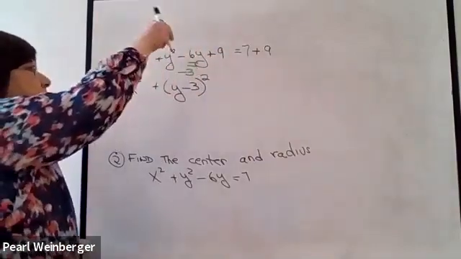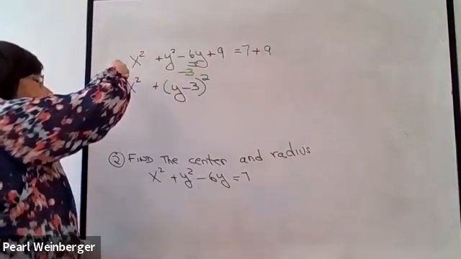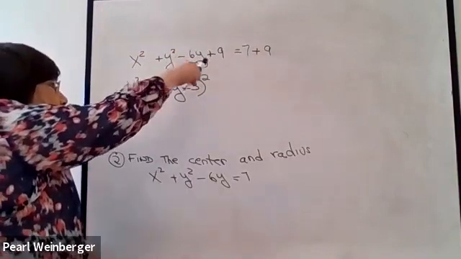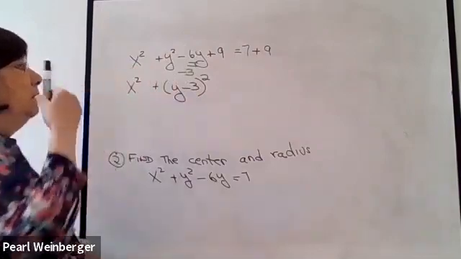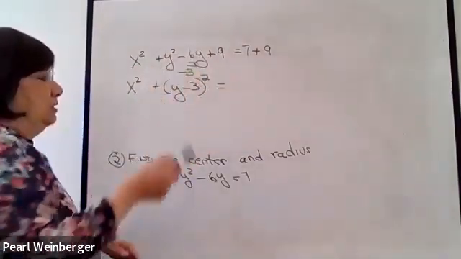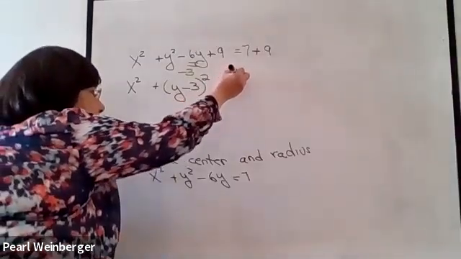Again, remember the steps. Half the number: if these were x's, it would be half the number in front of the x. Now this is the y, so half the number in front of the y, that's -3, multiplied by itself. On the other side, we now have 7 plus 9, which equals 16.